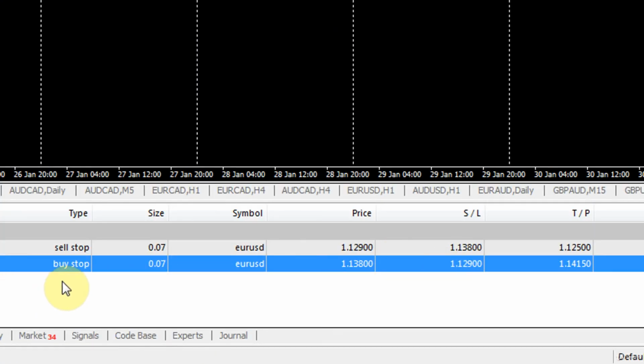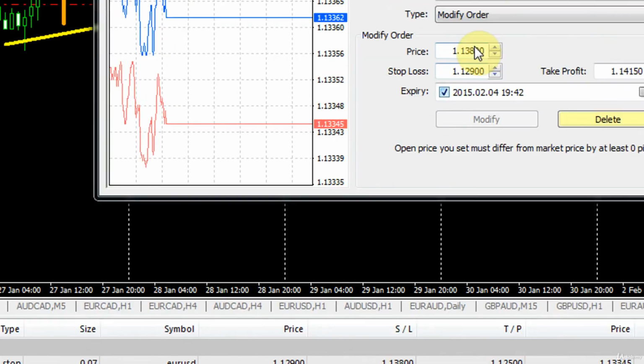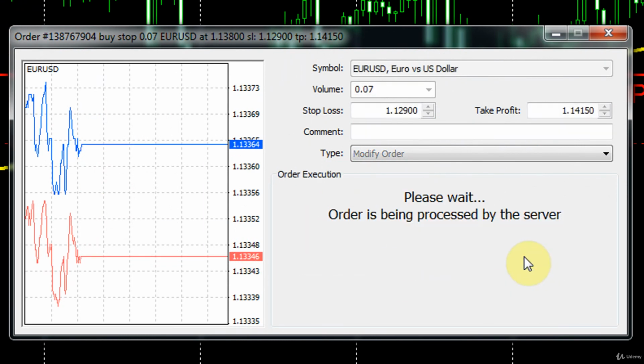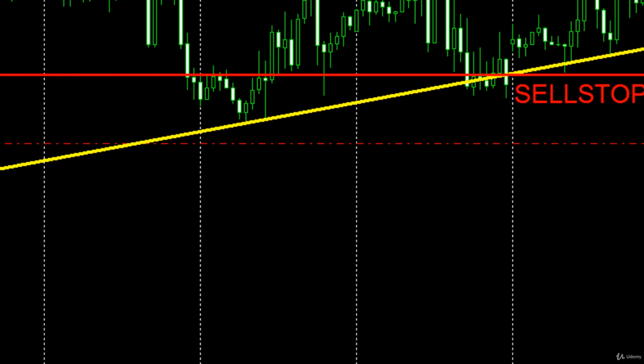For instance, I can see right away that I set the wrong volume for the buy stop order, so I'm just going to delete this buy stop order and reset it.